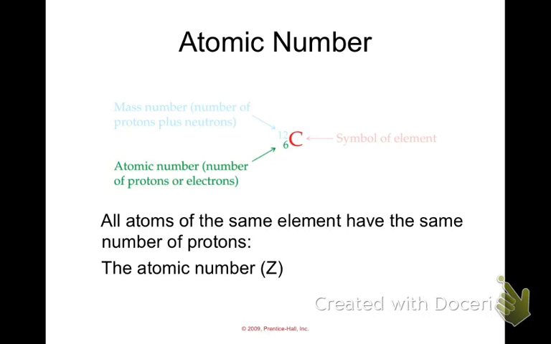That is known as the atomic number. It is the number of protons and the number of electrons for a neutral atom. You remember that this is for a neutral atom, because in a neutral atom, protons are equal to the electrons. The symbol for that atomic number is a capital Z.